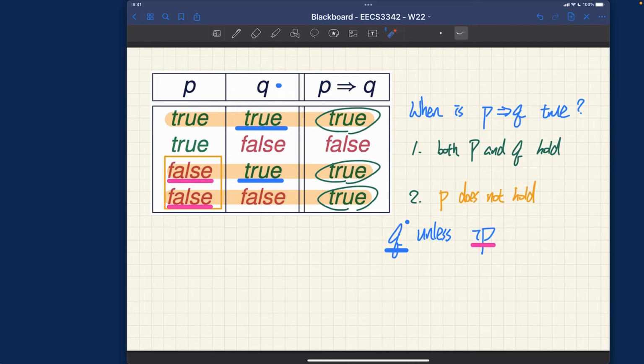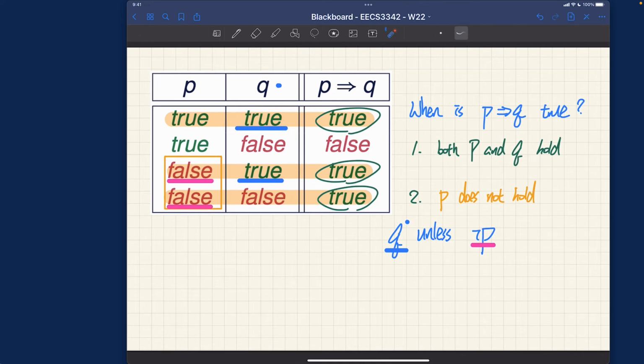So ask yourself the question, when is P implies Q true? And visually speaking, it's either when the Q over here is actually true, unless you know that the P over here is actually false, right? That's actually how I would understand the unless.